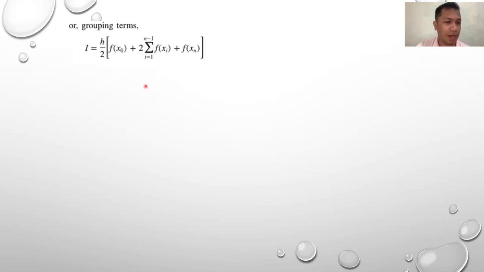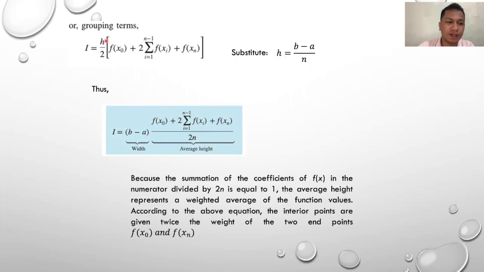This becomes I is equal to h over 2 times f of x0 plus 2 times the summation of f of xi plus f of xn, from i equals 1 to n minus 1. We know that h is equal to b minus a over n, so substitute this h into this equation. This will give us this result, b minus a over 2n.